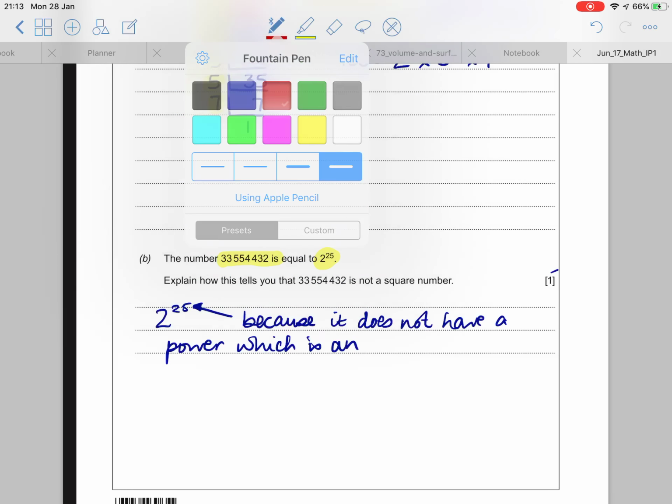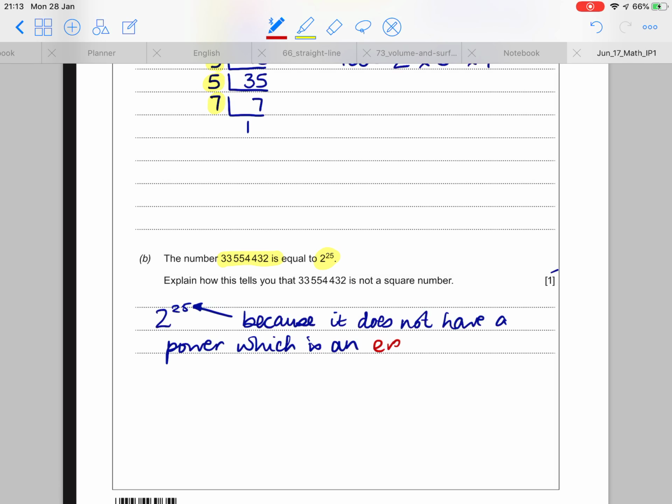Because for this to be a square number, the power would have to be an even number. So 2 to the 26 is a square number, but 2 to the 25 is not. So there's my little example as well, so that they know that I really do understand.